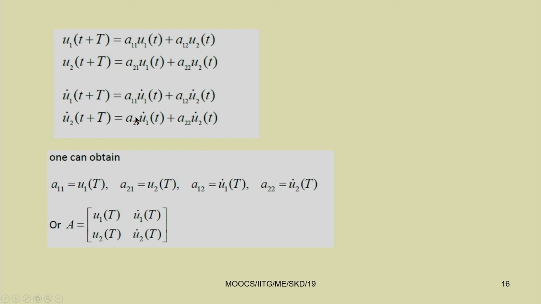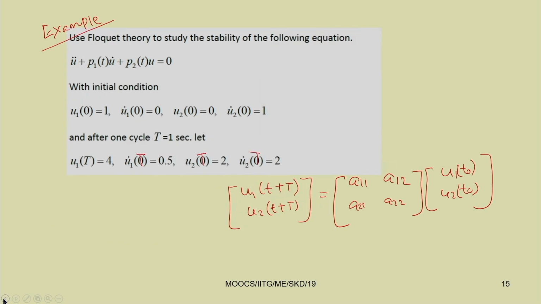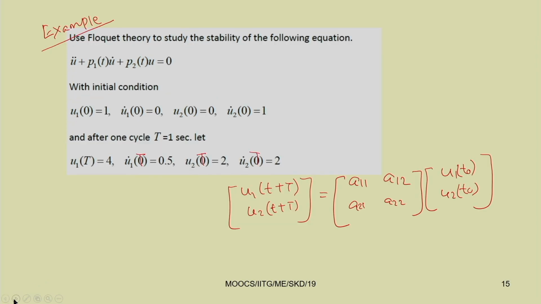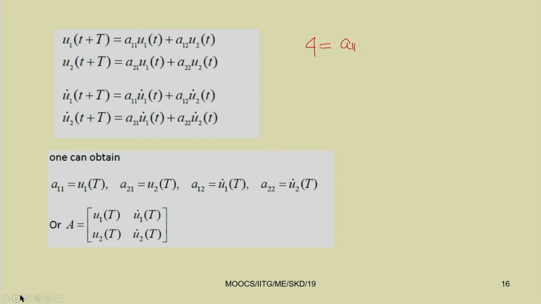Let us take u1(t plus T) after one cycle. The u1 value is given to be 4. So, 4 equal to a11 into u1(t), and u1 at t equal to 0 is equal to 1, so we can put this equal to 1, plus a12 into u2(t).